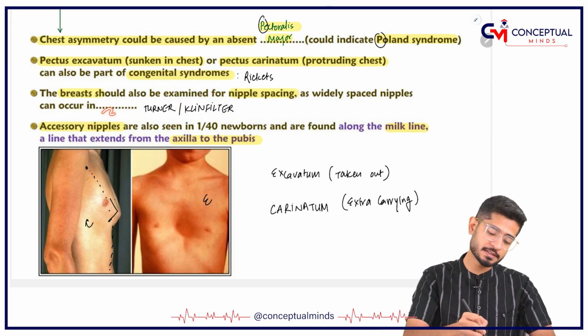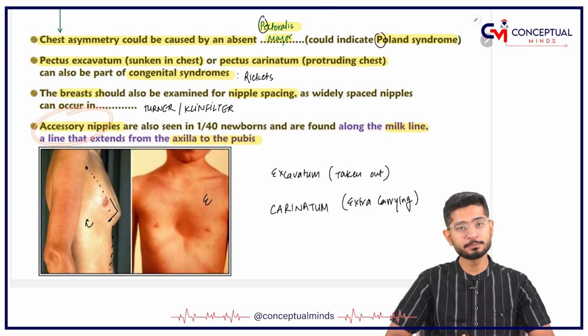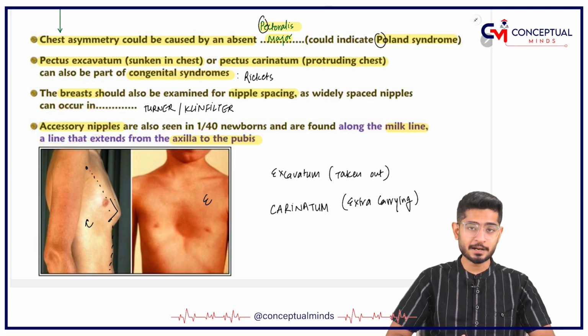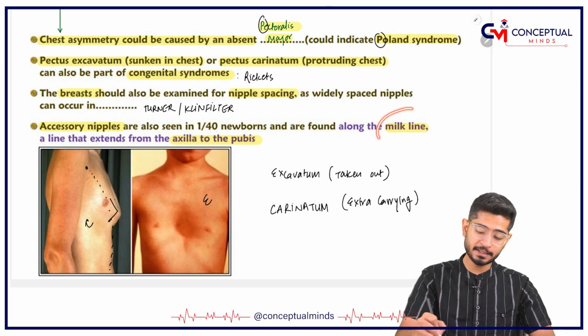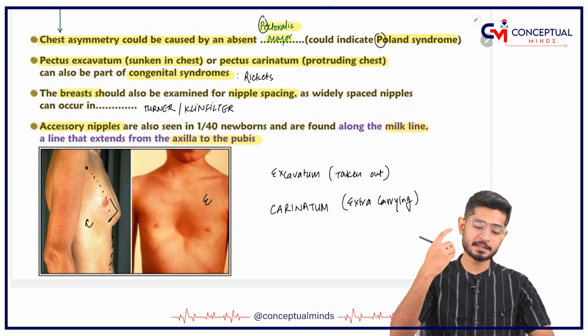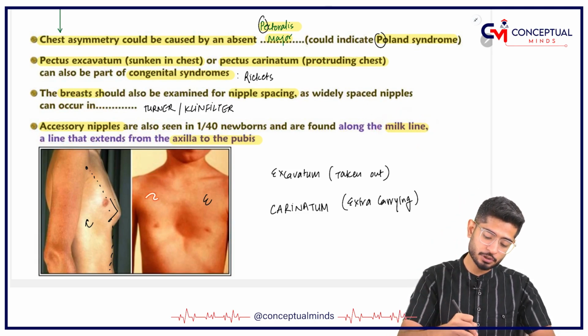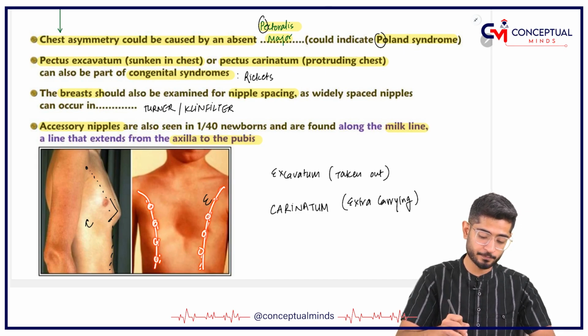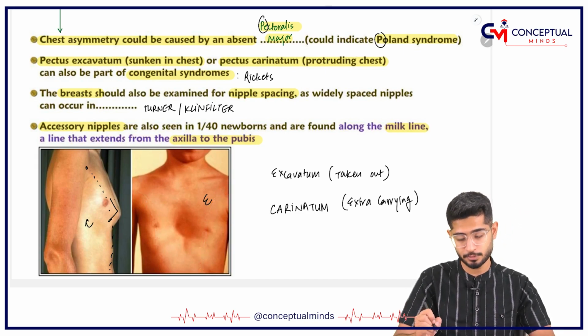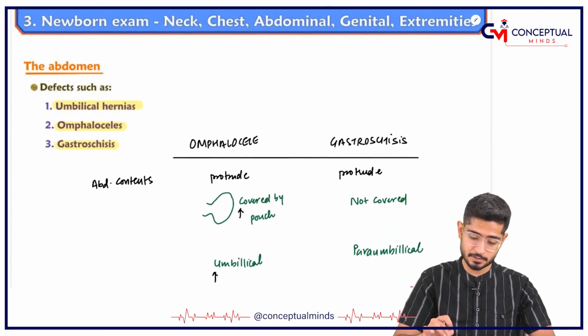In some conditions, there are accessory nipples also, which are going to be present, of course, in the milk line. And what is this milk line? This is an imaginary line from the axilla to the pubis, which can have accessory nipples also. So all these things you have to check whenever you are checking the chest.